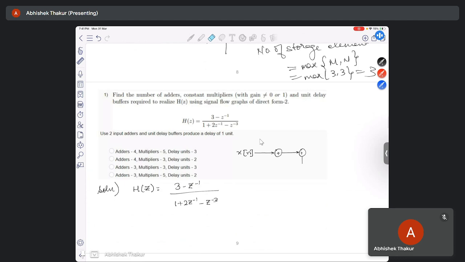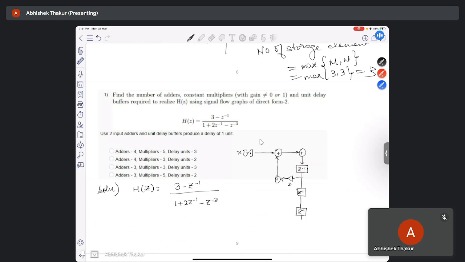There is one delay unit z inverse, and on the pole side, the multiplier is first 2, and again there is a delay unit z inverse, and there is no multiplier here, so again there will be a delay unit z inverse, that is z cube.